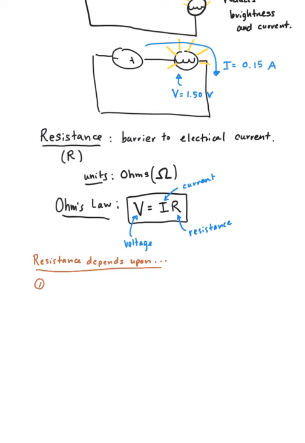For one thing, the type of material that we're interested in is key in determining resistance of electrical flow for that material. Metal is much less resistant to electrical flow than, say, glass.